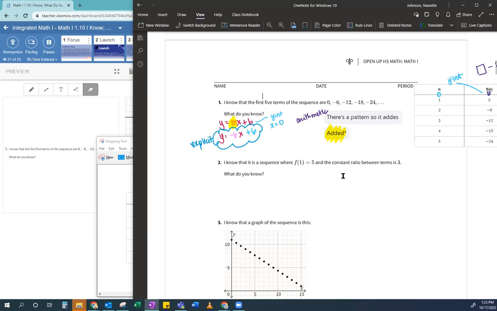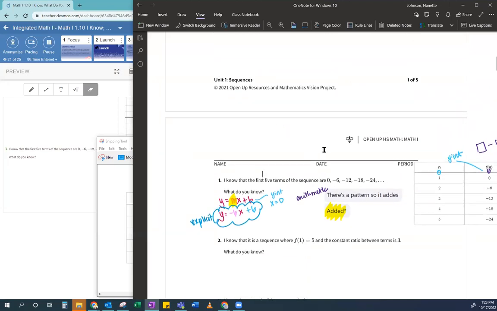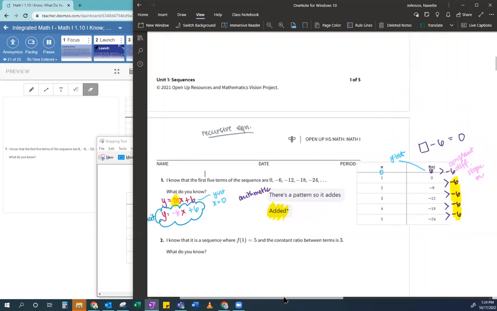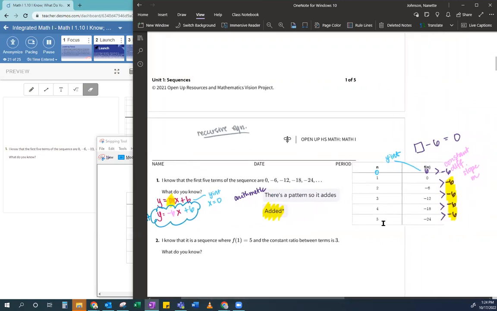Okay, so now I need to find my recursive equation. Let me put them on top just because I have more room up here. So my recursive equation goes like this. Ready? It's easier to figure out your recursive equation when you look at this stuff.